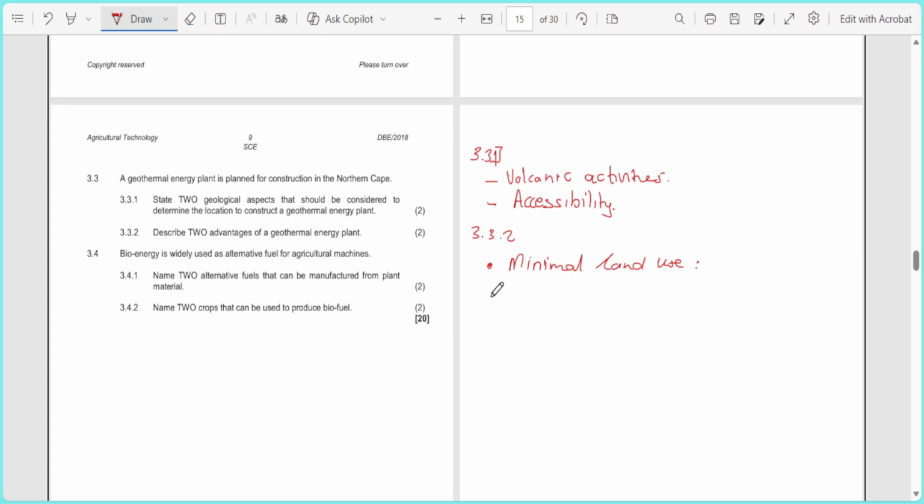So that is one advantage. Another one would be low emissions. Only steam and minor gases are released. So this means that it's far cleaner compared to other alternatives like coal. So these are the two advantages.